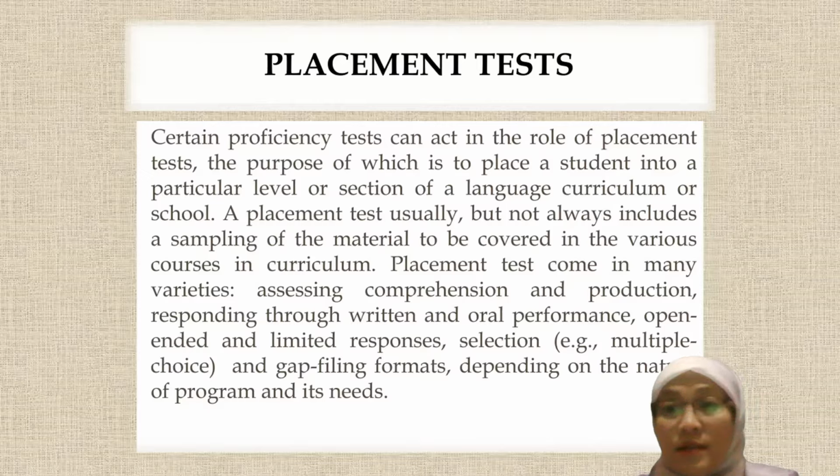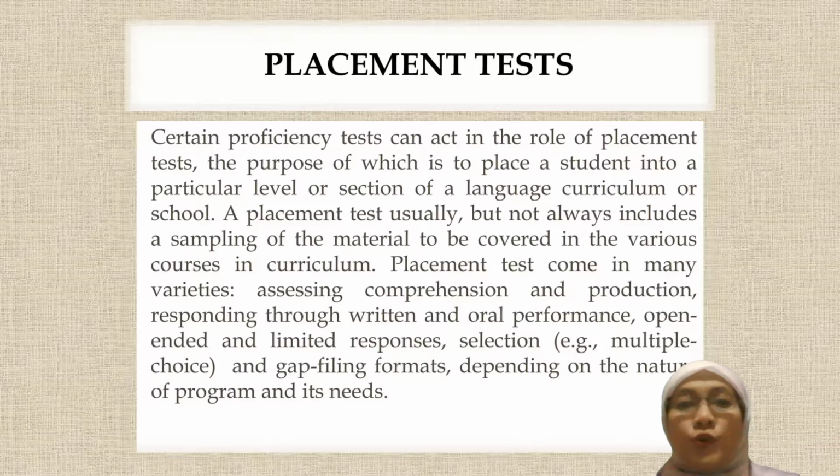So, for example, there is an English course. There are several levels: basic 1, 2, 3, intermediate 1, 2, 3, 4, advanced 1, 2, 3, 4. Based on your placement test result, the administrator will know what class will be suitable for you.